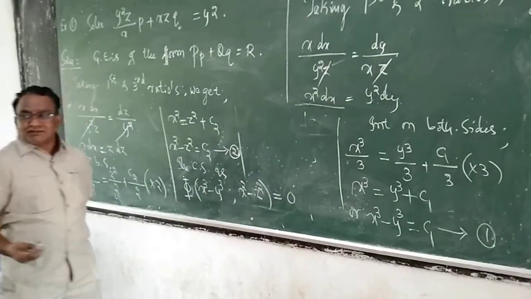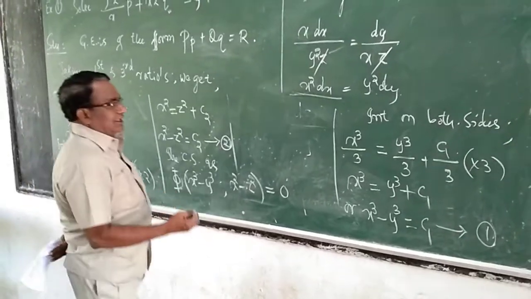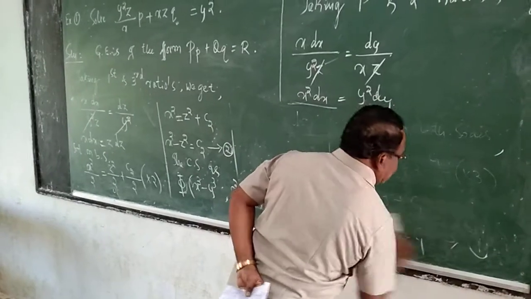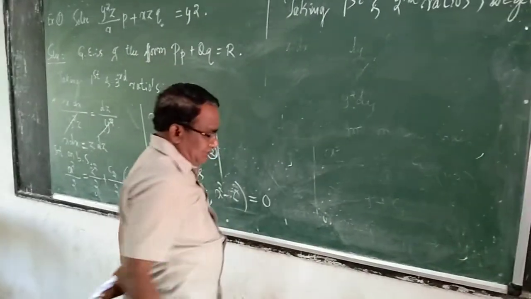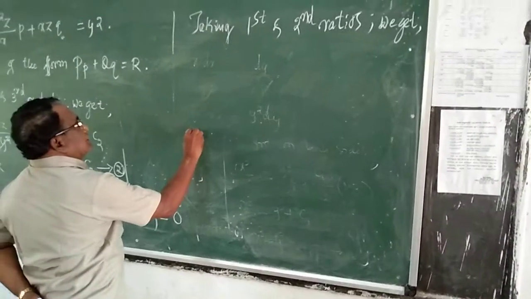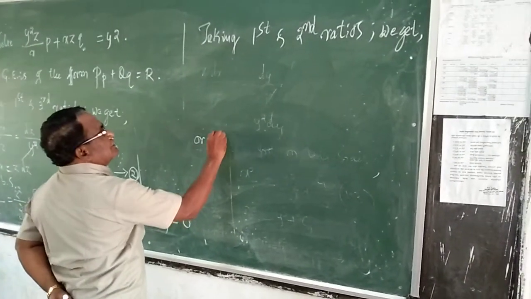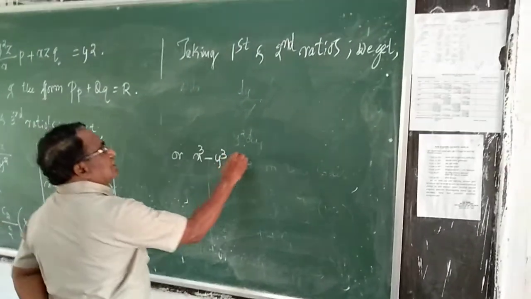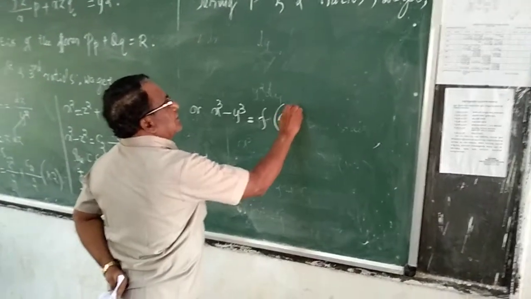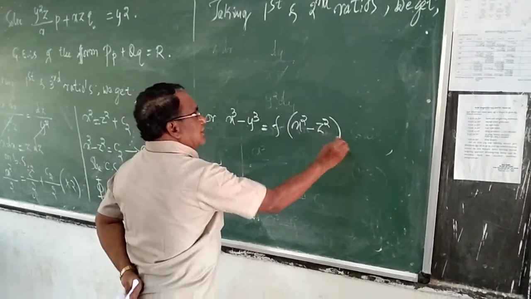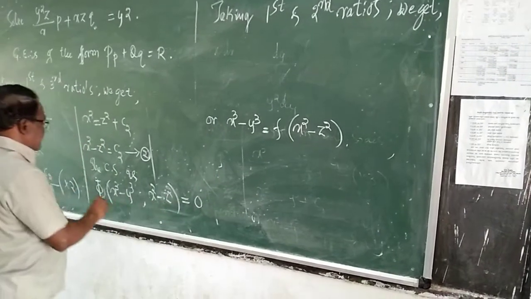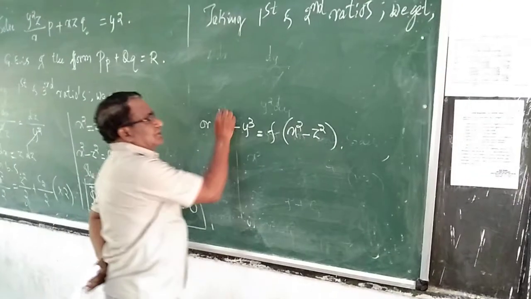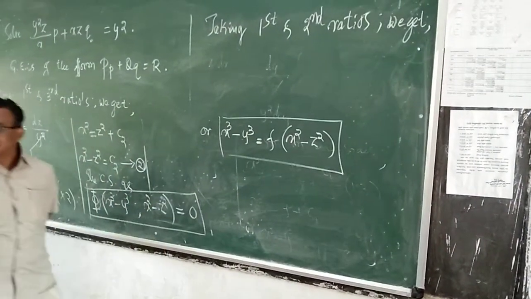Or you can write this in another fashion also: u, that is x cube minus y cube, is equal to a function f of x squared minus z squared. Yes, you can write the complete solution either in this fashion or in this fashion.